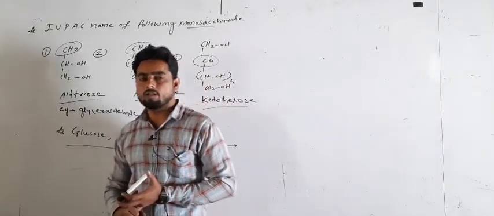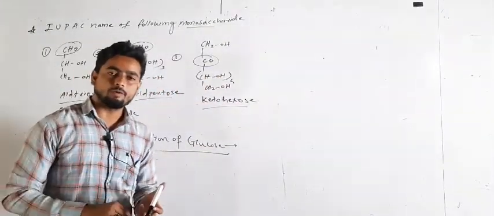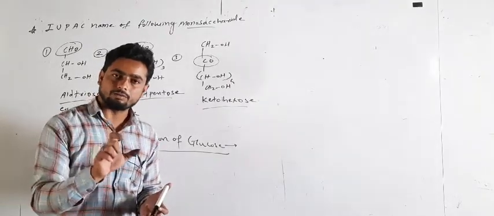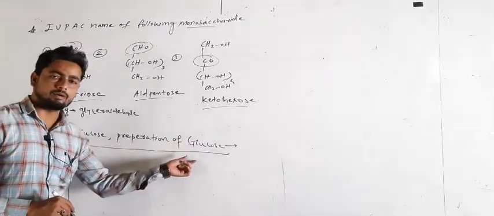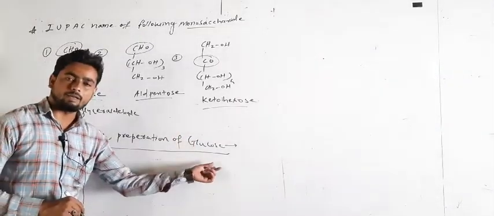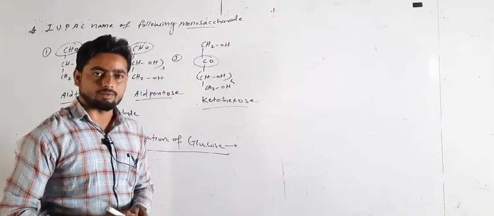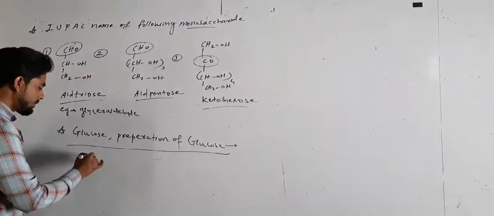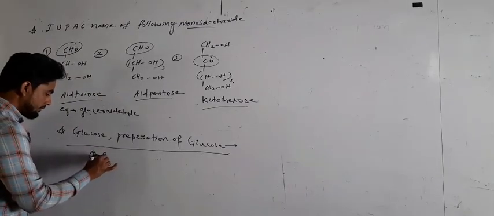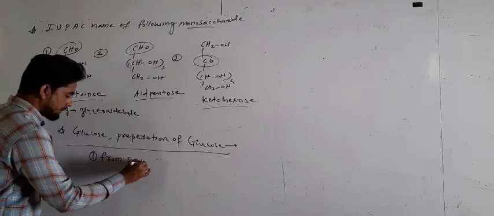Glucose is prepared with the help of sucrose and starch, by acidic hydrolysis. So first, the preparation of glucose from sucrose. What is sucrose?